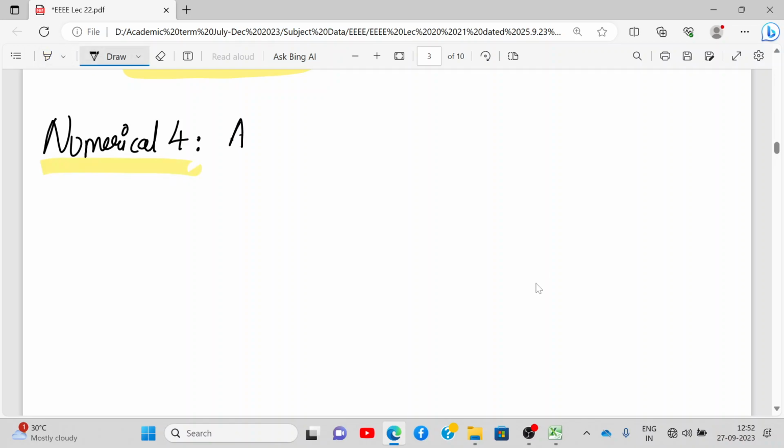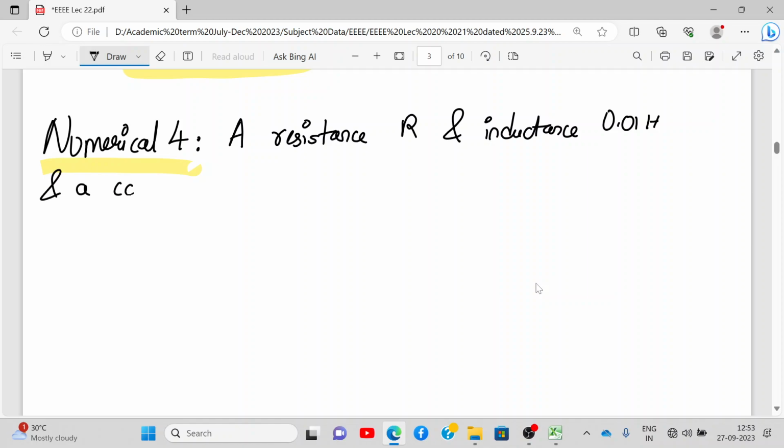A resistance R and inductance 0.01 Henry and a capacitor are connected, please write along, are connected in series.